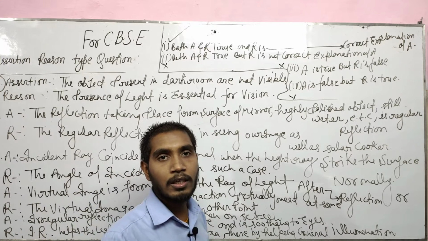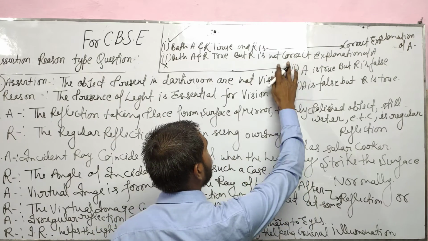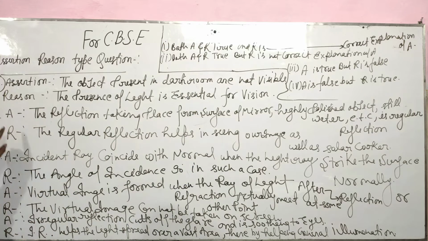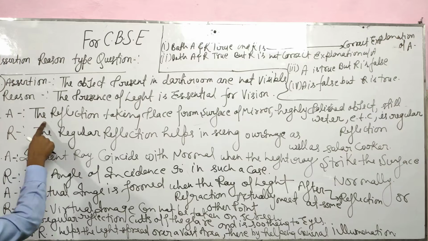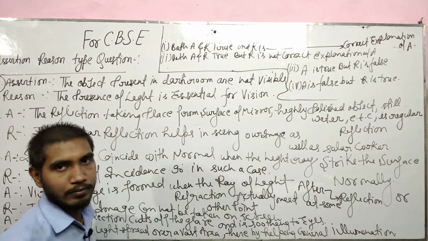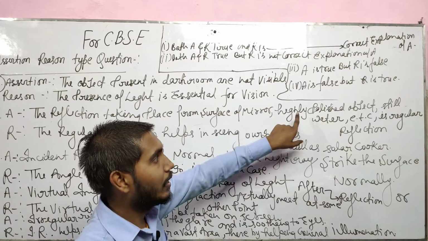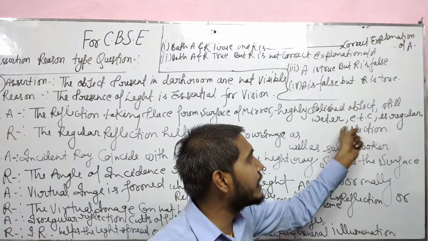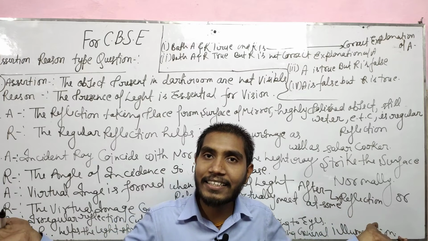This is the process to solve assertion and reason questions. Let's see the second question. Assertion: the reflection taking place from the surface of a mirror or highly polished object, or still water, is regular reflection. The statement is correct.